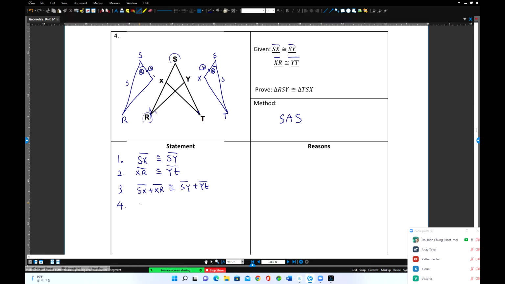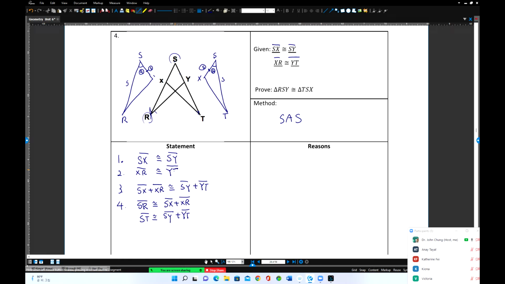SR is actually congruent to what? SX plus XR, right? This side, the right hand side, ST is actually congruent to what? SY plus YT, right? This is T. There is the capital T, I'm sorry.